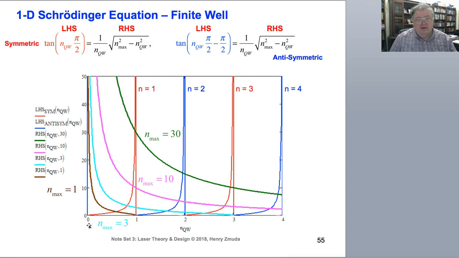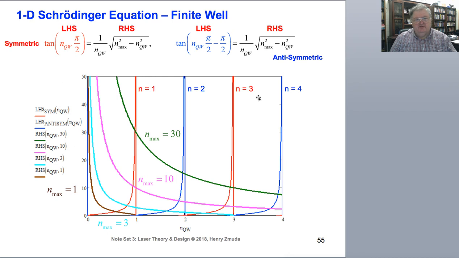As I vary n quantum well from 0 through 4, the first branch of the tangent function is this. The next branch of the tangent function corresponds to n equal 1, the symmetric case. This is going to be n equal 2, the anti-symmetric case. n equal 3 goes back to the symmetric case, so that's this branch of the tangent function. n equal 4 goes back to the anti-symmetric case, which is here.